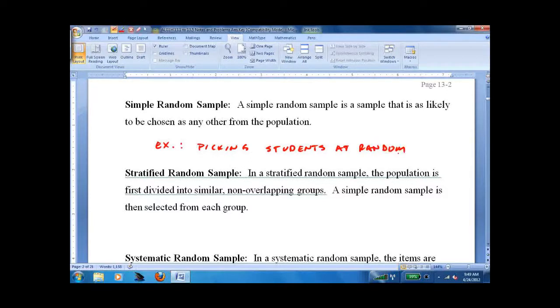Now, this would only be applicable to my classroom. If I'm looking for a representative of the whole school, I could just walk down the hall and stand at one of the crossroads and just pull people out randomly. That would be a simple random sample.